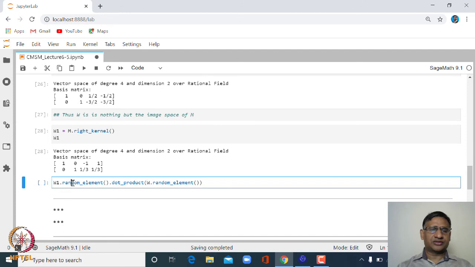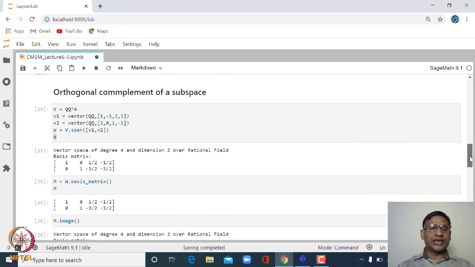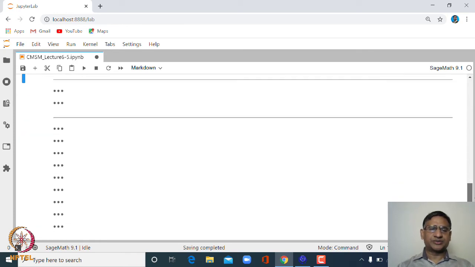You can check that any random element of W1, which is the right kernel of M, has dot product 0 with any random element in W, right. So we have found the orthogonal complement of any subspace of an inner product space V.